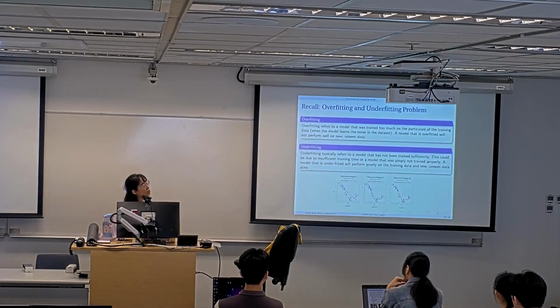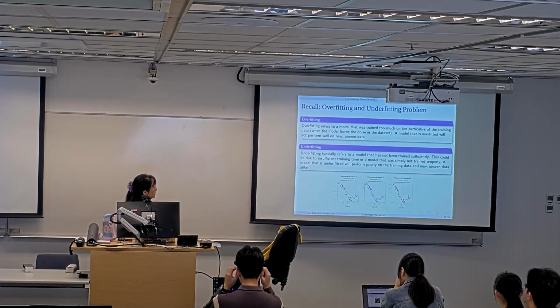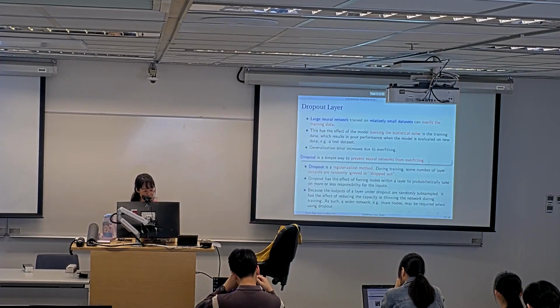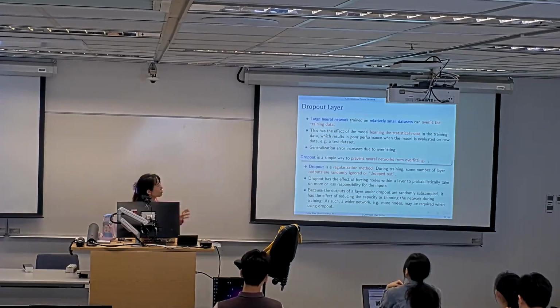In order to avoid such an overfitting problem, we have to find ways to decrease the number of parameters or make our model somehow smaller, whenever you observe that there is some overfitting. Here is one technique that you can use to prevent overfitting in neural networks. In almost all types of neural networks, you can add such a layer, the dropout layer, to avoid overfitting.